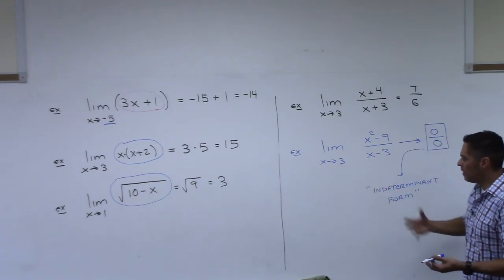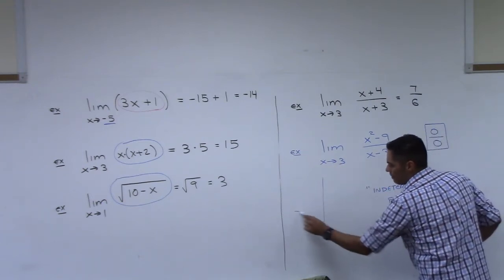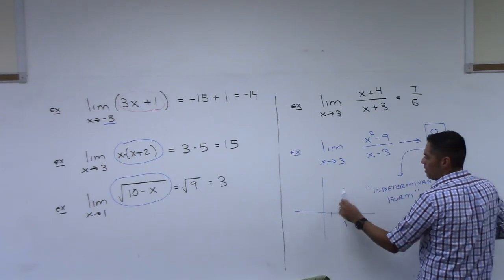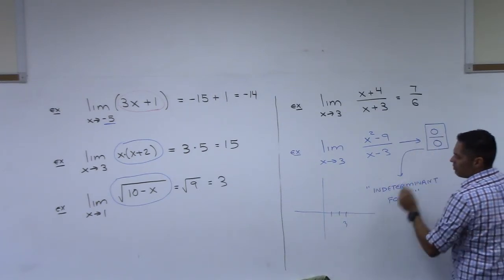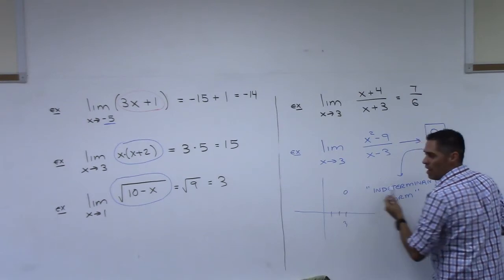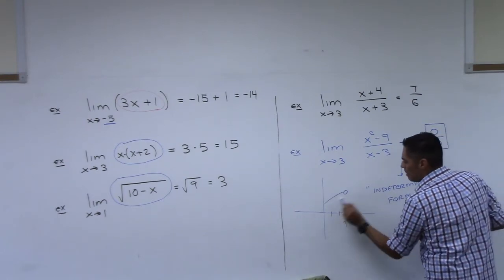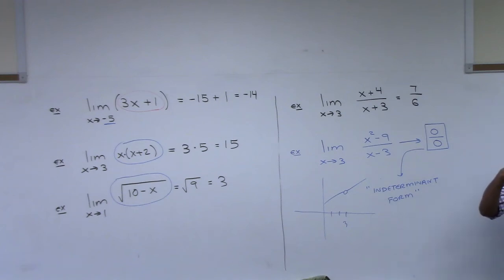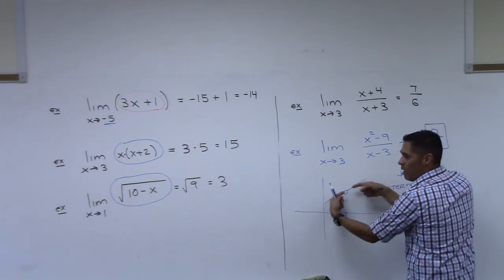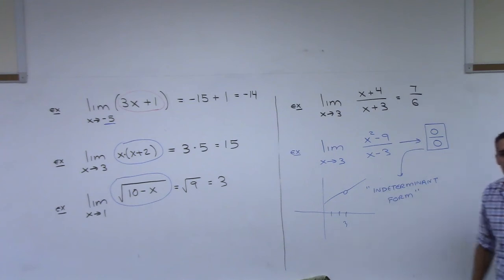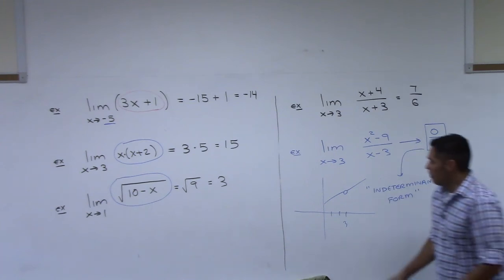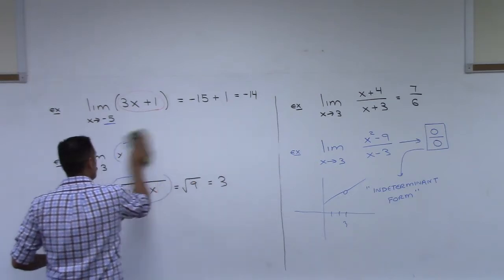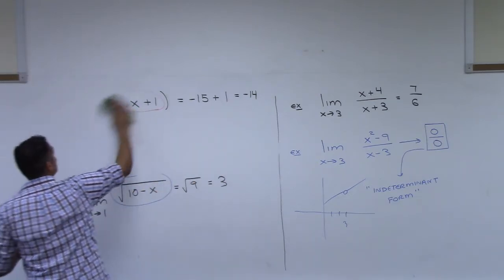But can we still figure out what's happening with this graph? Like if we go 1, 2, 3, the graph is somewhere. We know that we get 0 over 0, so we know the graph has a hole. It's not defined. But that doesn't mean that it's not coming in from the left and right to something. It may still be coming in from the left and the right to a point. So how do we determine that? Well, when you see 0 over 0, from here on out, I want you to think a couple of things.